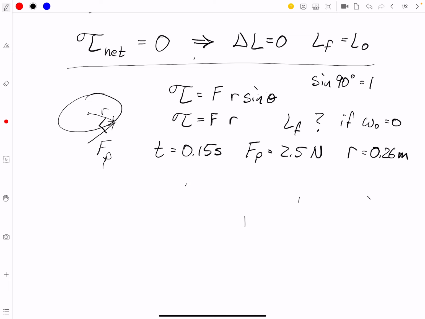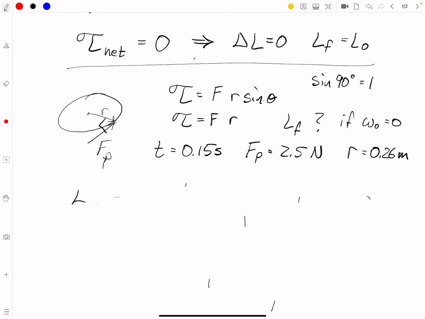And we're going to solve for LF. And LF, we've already done it before. Let's see, how do we want to do this? I'm going to erase that. Okay.